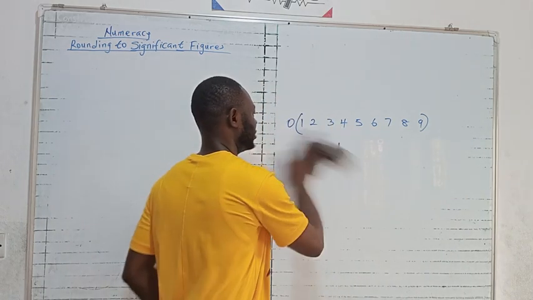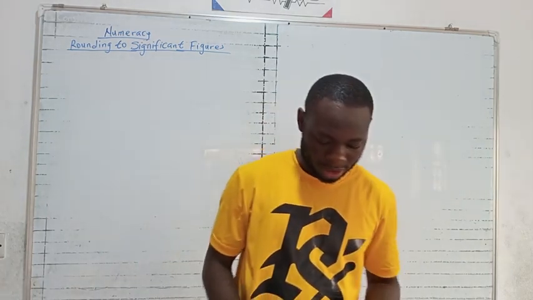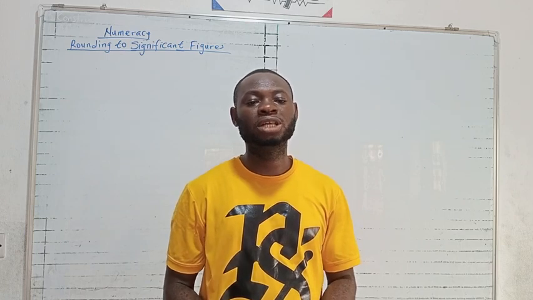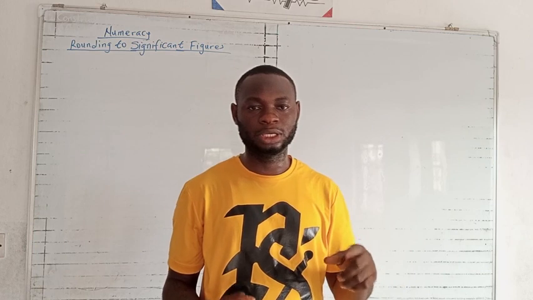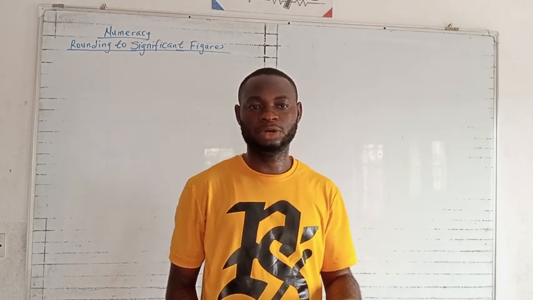Let me clean this off. So let's look at some examples. In these examples, we are going to consider whole numbers. We are going to consider decimal numbers whose whole number parts are non-zero digits. And we are also going to consider decimal numbers whose whole number parts are 0.